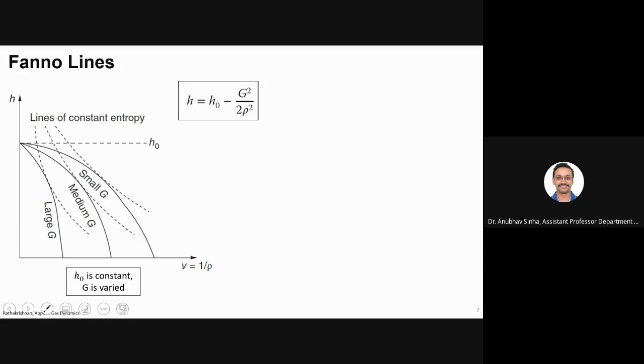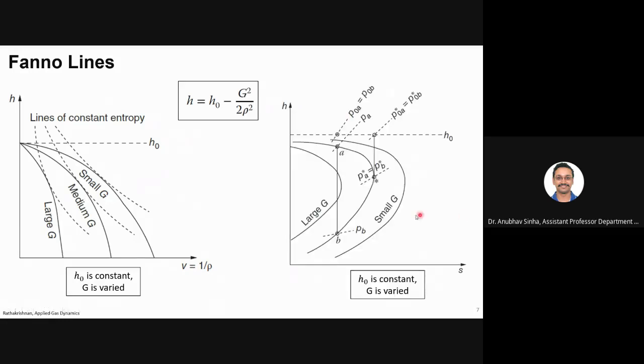Now again you can see that I will keep H naught constant and G is varied the same way. So this is for large G, small G, and this is for medium G. Okay. So this is just a plot.